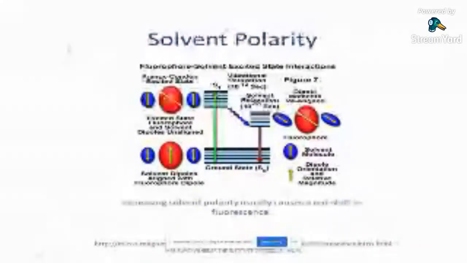So the excited state fluorophore and solvent dipoles are now unaligned, which were initially in the aligned position. Then they will take a vibrational relaxation time of 10 to the minus 12 seconds and come to some lower excited state. This is the solvent relaxation, where the molecule will stay for 10 to the minus 10 seconds, and during this the dipole moments again realign themselves.